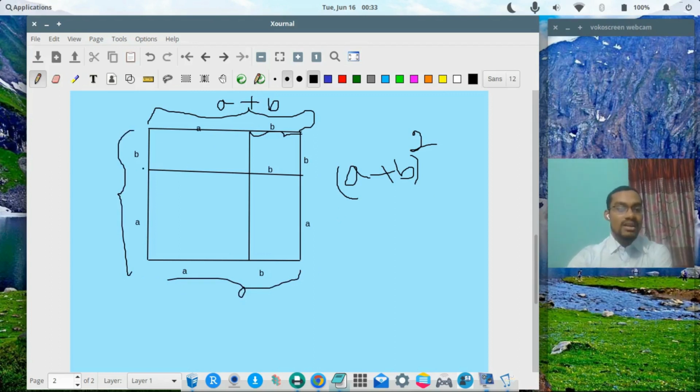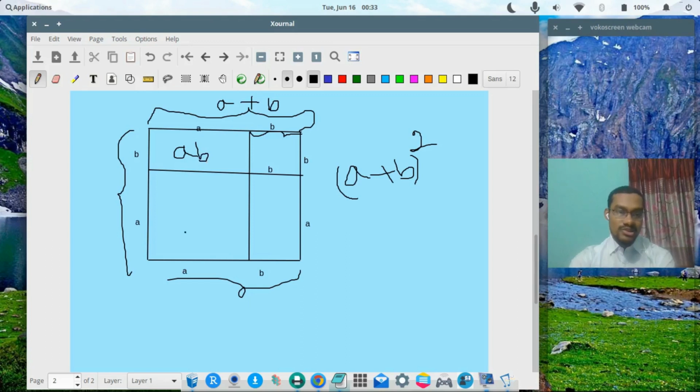Now after we split up the sides, we have a here and b. We have got four smaller rectangles. Also you may call this one a square, since all squares are rectangles. Now what are the areas of the individual rectangles? For this one, its length is a and width is b, so its area is a times b.